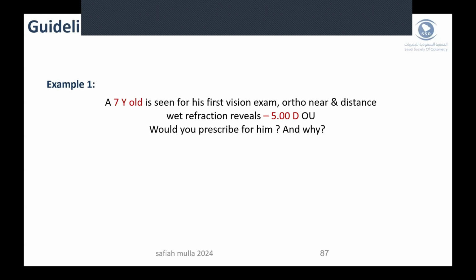Honestly, if you go and check the literature, you can give it to the child. But again, as I said, it's not that helpful for the kids. It's all about the emmetropization method and the refraction amount.